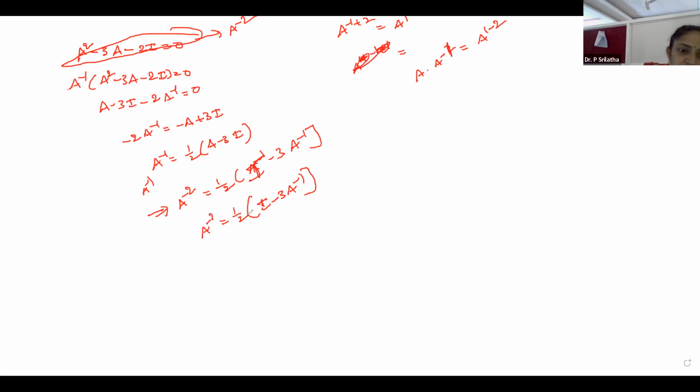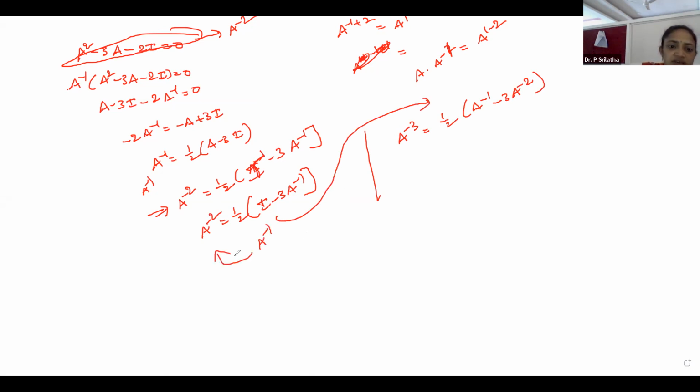Okay, so this is the a power minus 2 value. Already we have found a power minus 3, that is 1 by 2 into a inverse minus 3a power minus 2, isn't it? So what is the value of a power minus 2? It is this one, so you have to substitute this one here.